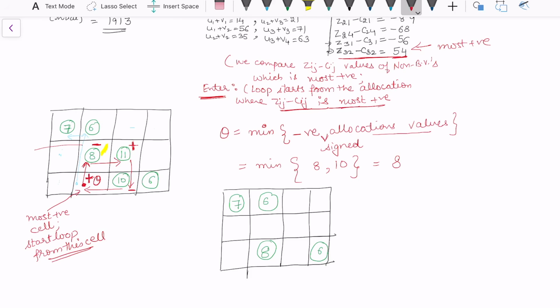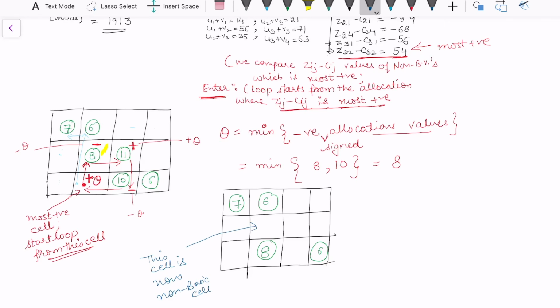So we may say here minus theta, and then here you may say plus theta. Again this quantity is minus theta. So when I subtract this theta, 8 minus 8, it is 0. So that means now this cell becomes a non-basic cell. So maybe I can write here, this cell is now non-basic cell.